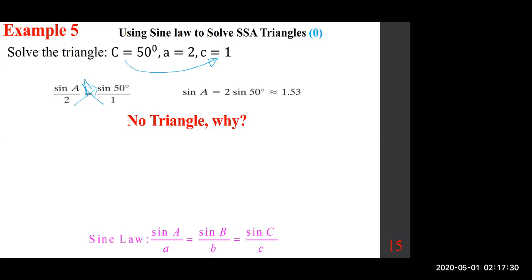Why is that, class? Can anybody tell me how we know this is not going to work? Anyone? Well, can sine be larger than 1?